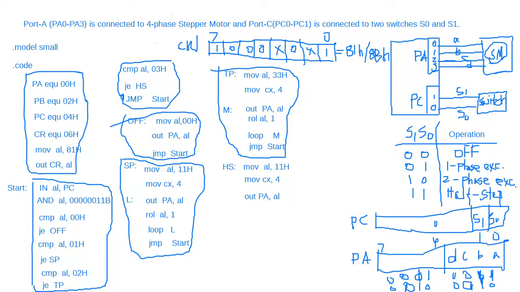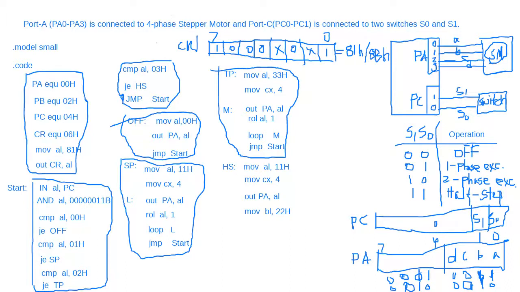So then it will be 3 3H. Add AL, comma BL. And then add AL goes.